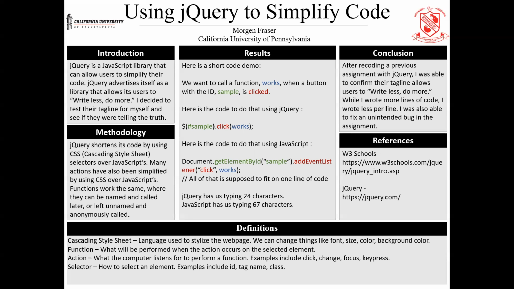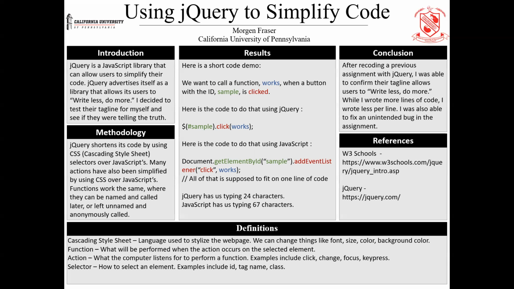To show my findings with you all, I have prepared a short code demo to show how different JavaScript and jQuery are. I have color-coded the similarities between the two codes. The function is colored blue, the selector is colored green, and the action is colored red.